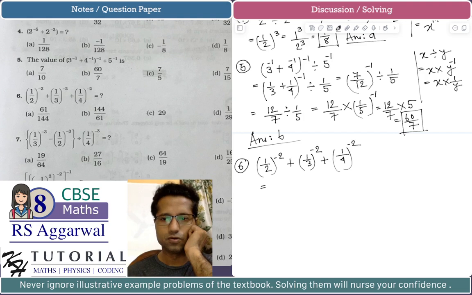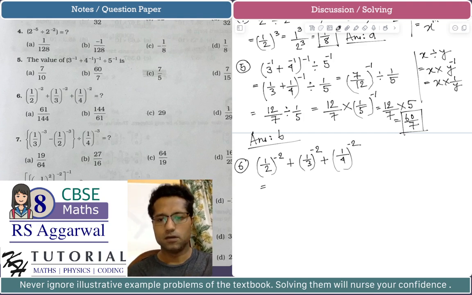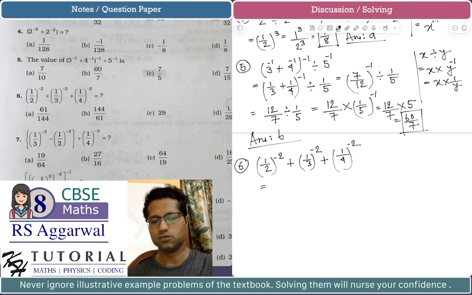Now for this kind of addition of numbers in exponents, you have to evaluate the individual exponents first. Now (1/2) raised to the power minus 2 means this will be 2 to the power 2, using a very important formula that you must understand and remember very well.